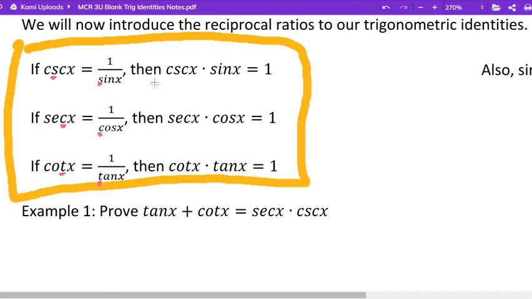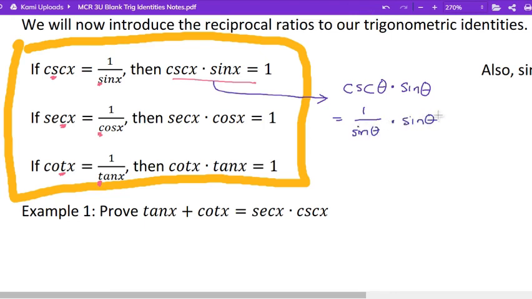Okay, now watch this. Because I just wrote this down and it's like, Miss Lai, how did you get that? So let's see. What I'm suggesting is that if I have cosecant theta times sine theta, I can rewrite the cosecant as 1 over sine theta. Agreed? Okay, you following? Okay, so write this down, right?